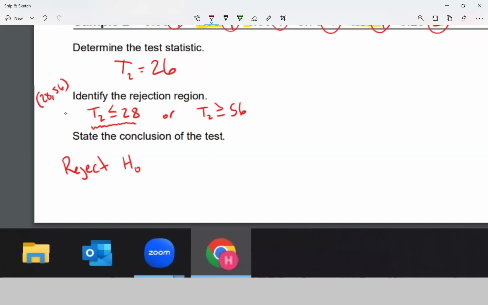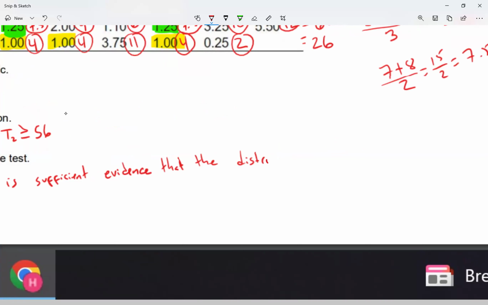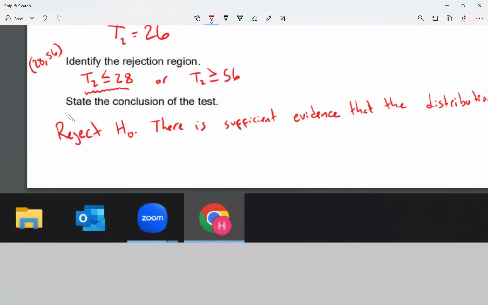Remember, we call that reject H0, which is the null hypothesis. And I'm going to say there is sufficient evidence that the distribution for population 1 is, let me continue down here, is, now I have to remember, what was I checking?